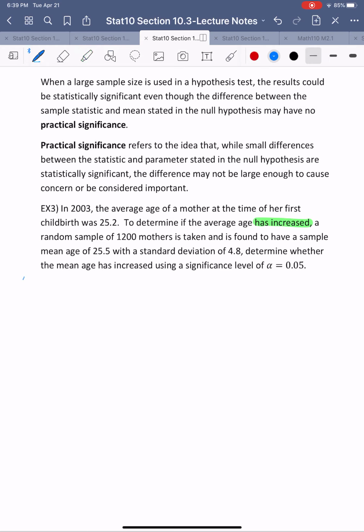So step 1, H sub 0 is mu equal to 25.2, right? But now they said from the sample it has been getting older, right? So mu is now greater than 25.2 because it becomes 25.5. And then step 2, we are looking for the level of significance alpha, which is 0.05.